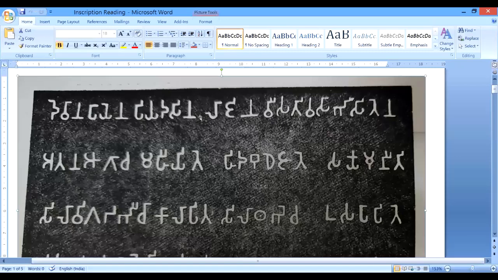Okay. Atana, Agacha. Atana matlab Swayam, Swatah, khud, himself. Agacha, Agatya, having come. वहां जा करके. Okay. Agacha. Then Mahi. Ite.